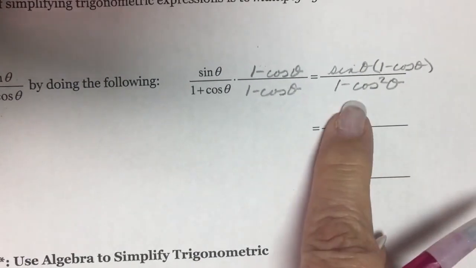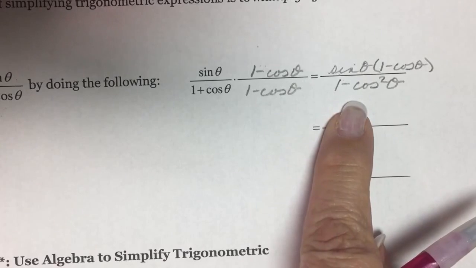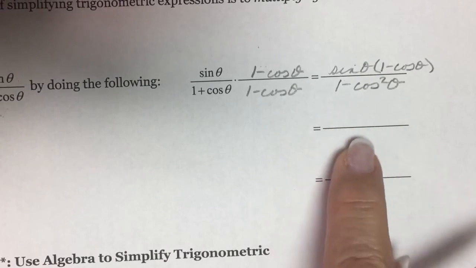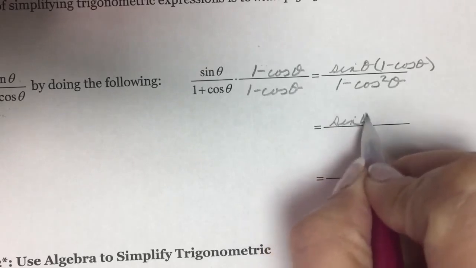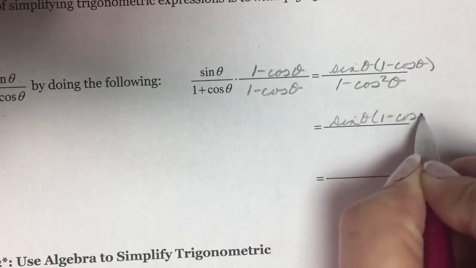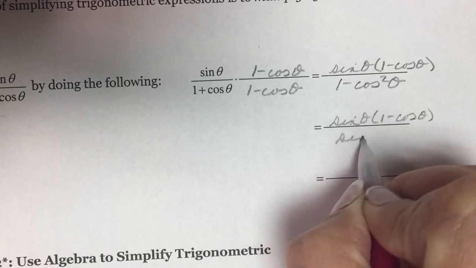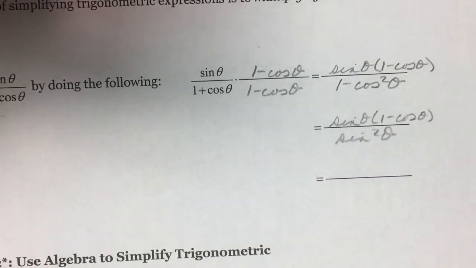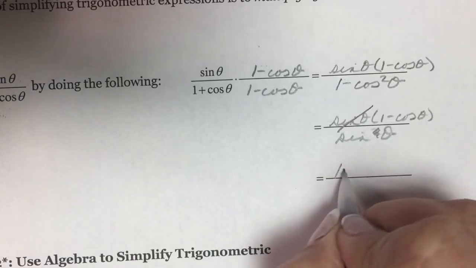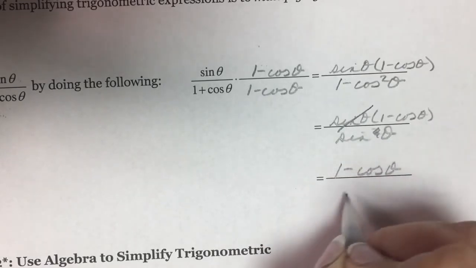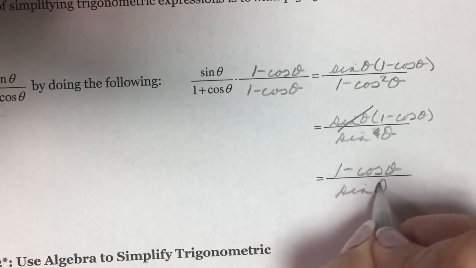Well, if I look at the bottom, that is actually equal to sine squared theta. Look at that previous page that I showed you. Why does that help me? Because I can cancel that sine theta with one of these, and I'm left with 1 minus cosine theta over sine theta.